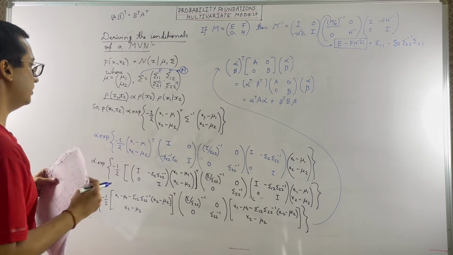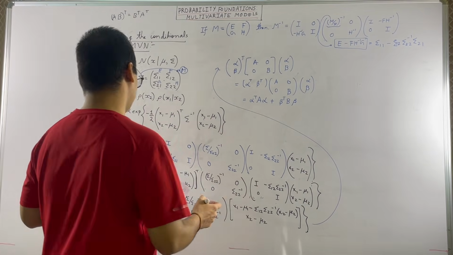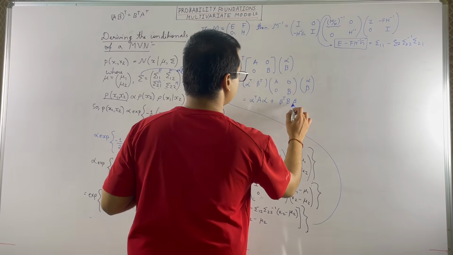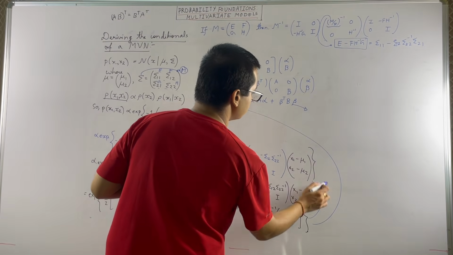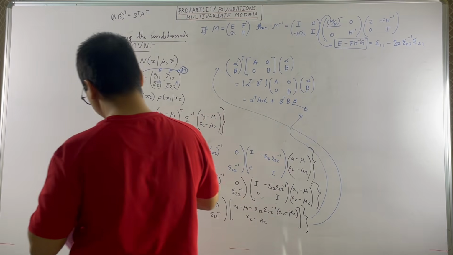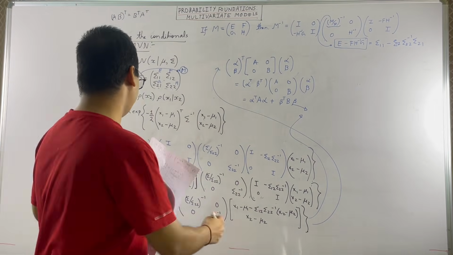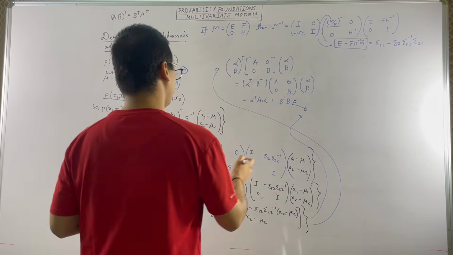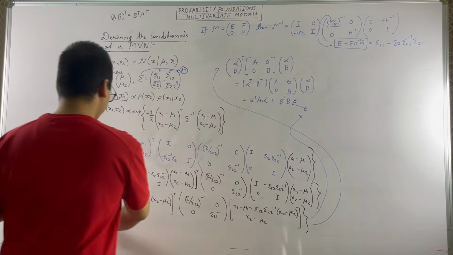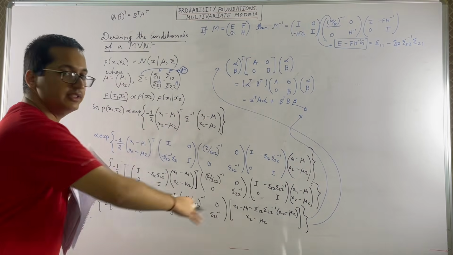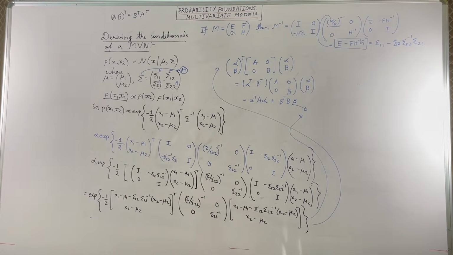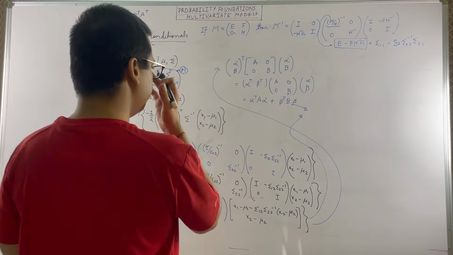So what does this become then? What do I get? Tell me, what will I get? So alpha transpose is this, right? So what do we have? Forget about the exp, I'm just concerned with this bottom term.